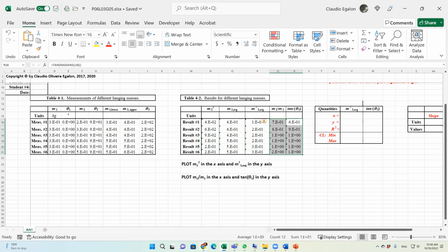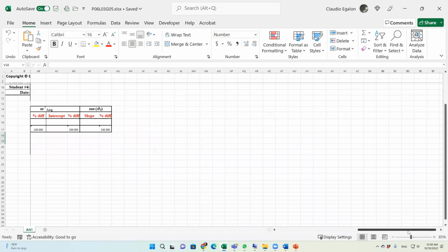Once you get the regression equation, you write it down here. Once you get the R squared, you write it down here, right? Number of points, and let's not forget the CL.